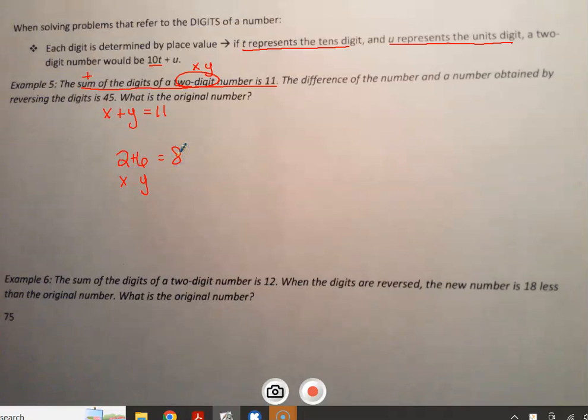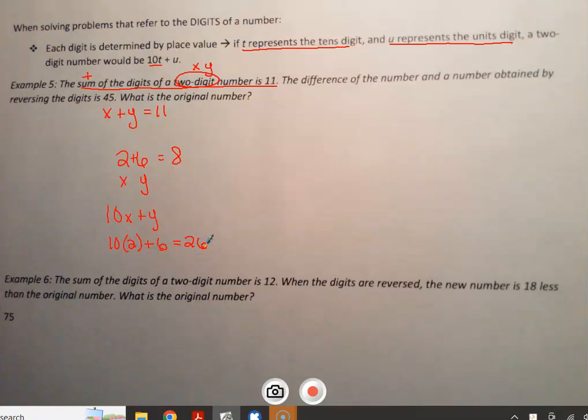But if we were to actually write the number, I need to use t and u, not x and y. So to get the actual value of the number, we would say 10x plus y, because 10 times 2 plus 6 equals 26.